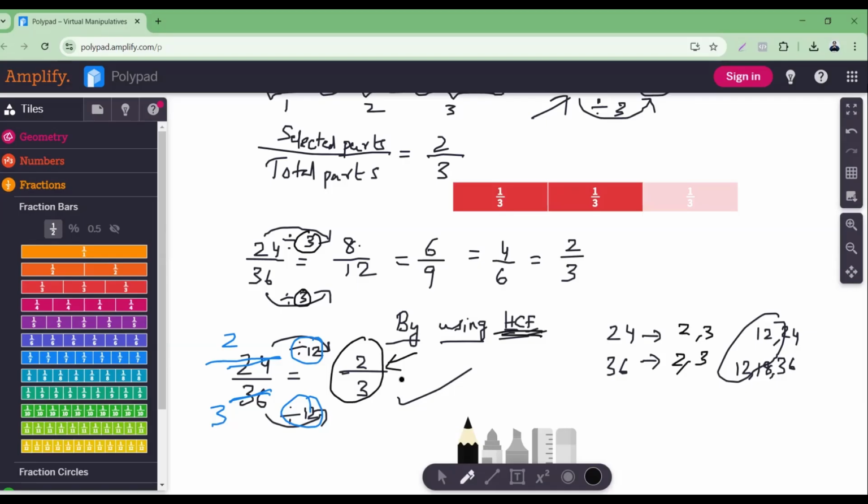That is the reason we are using HCF. Even if I am telling you to just use HCF, you should not just stop there. You have to try to understand why and how. Common factors will divide both the numerator and denominator. If it's the highest common factor, you will get the least answer, which will be the simplest form of the fraction. I hope you've understood with the reasoning how to find the simplest form of a fraction.